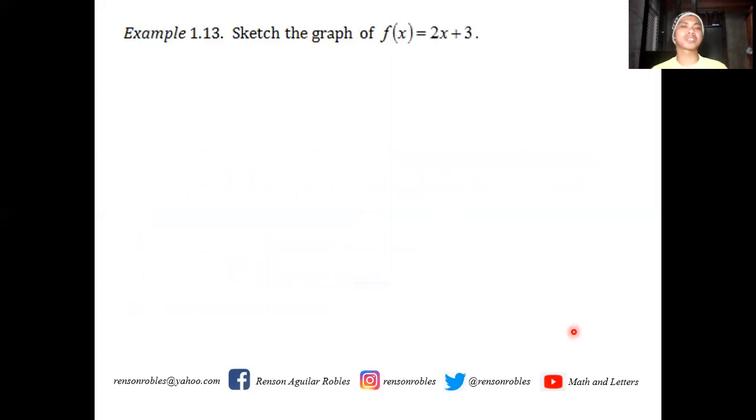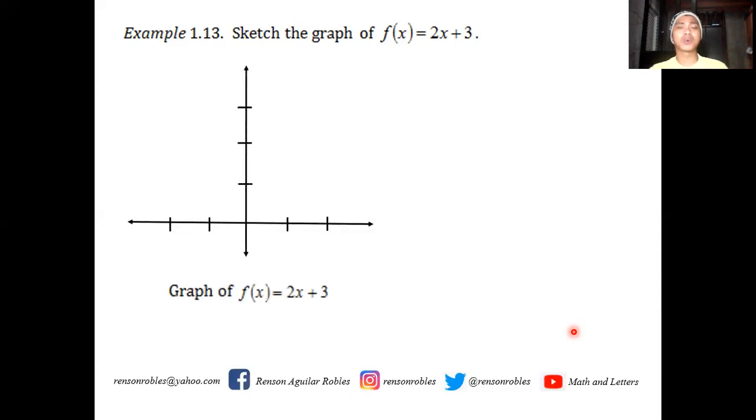Say we want to sketch the graph of f(x) = 2x + 3. We know that this function will give us a line, and to sketch a line, we might use the rise over run technique. Here we get the slope of the line, and then use rise over run.